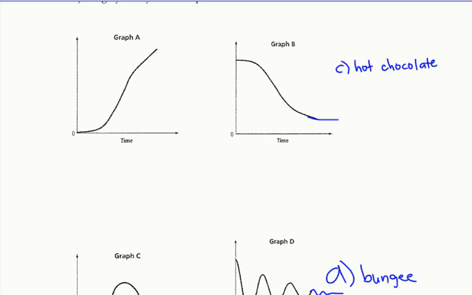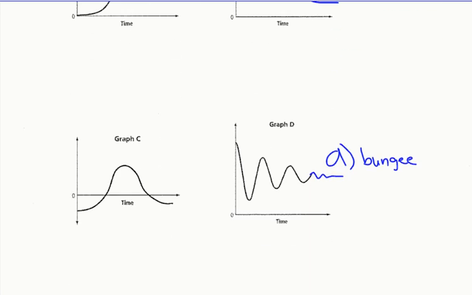All right, Eric. On graph C is Calgary's temperature. Now, looking at this time, do you think it's over a short period of time or a long period of time? Most likely it's a year.